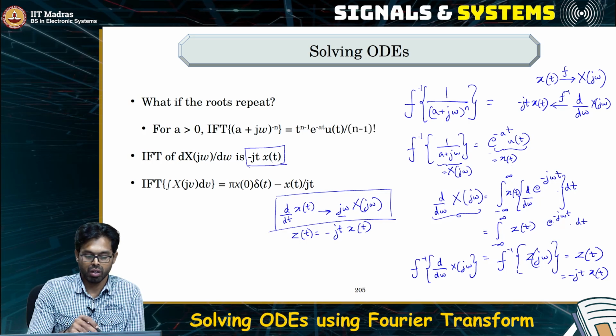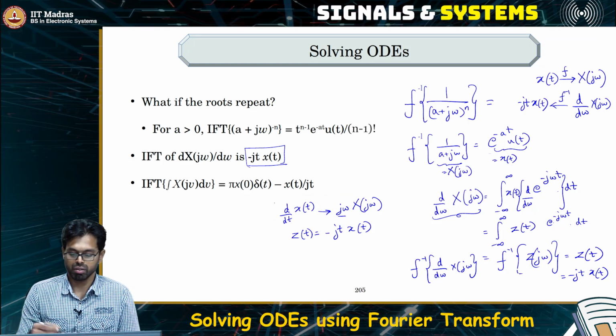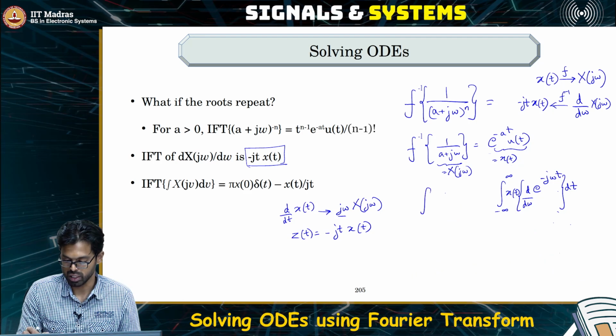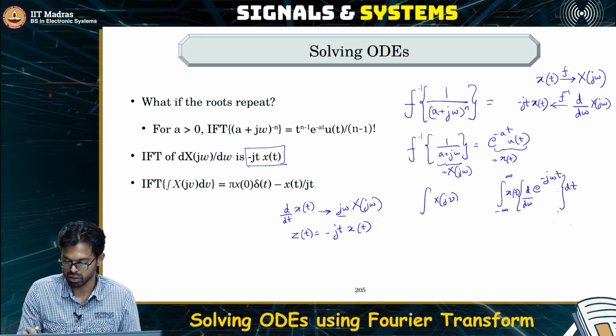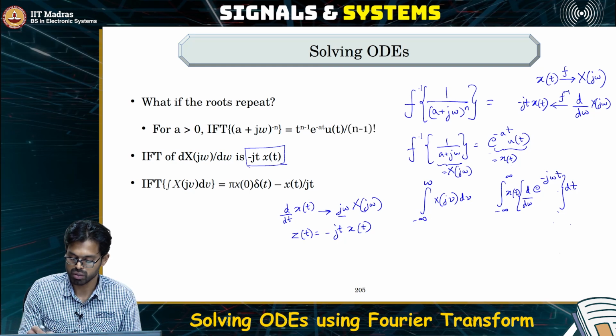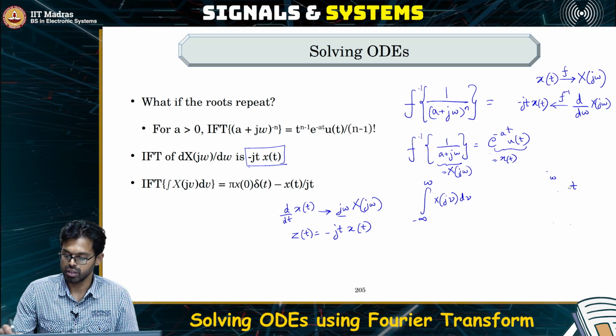Now similarly, what if we integrate in the frequency domain instead of the derivative? So we are given some spectrum, and we take its integration. This is once again similar to something which we did earlier.